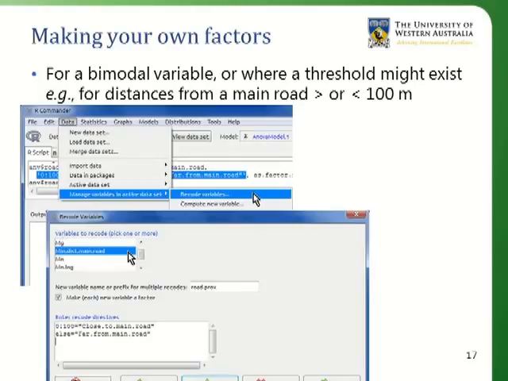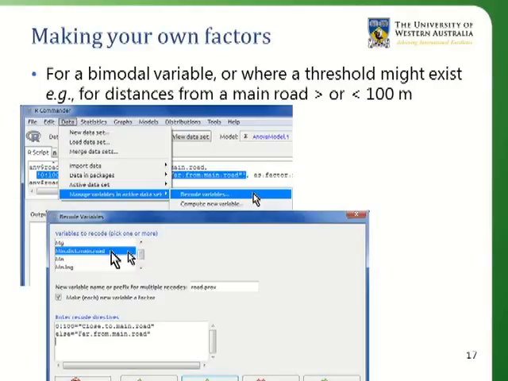Okay, one final thing which can be really useful. We've talked about bimodal variables before, but also where some threshold might exist. Let's test whether there are different groupings, for example, depending on our distance from a main road. We've got this minimum distance from a main road variable in there, so we may as well use it.